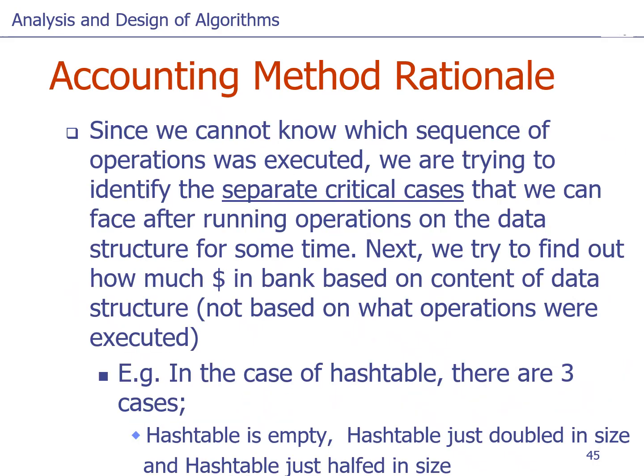Now, one major issue that we face when trying to analyze the performance of an interleaving set of operations, where every operation has a fast and a slow version, is that we cannot assume any order nor any frequency of fast and slow.